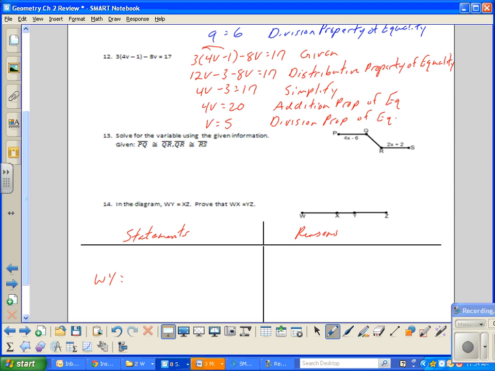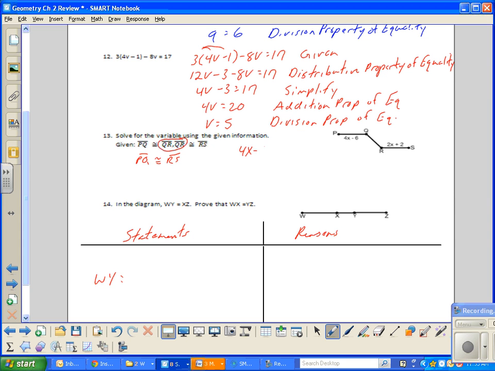Alright, number 13, we're going to solve for the variable using the given information that segment PQ is congruent to segment QR, and segment QR is congruent to segment RS. So when we look, if they're both congruent to QR, PQ and RS should be congruent to each other. And if they're congruent to each other, then that means that we can set those segment lengths equal.